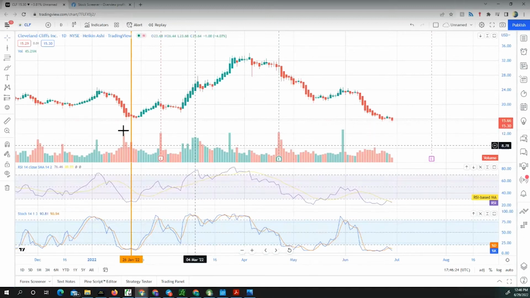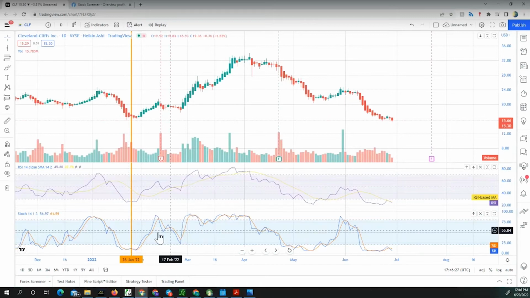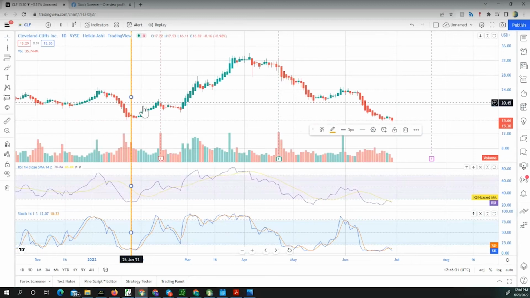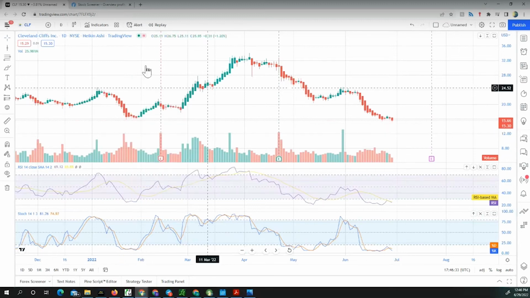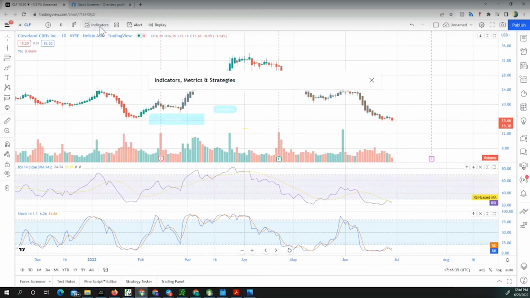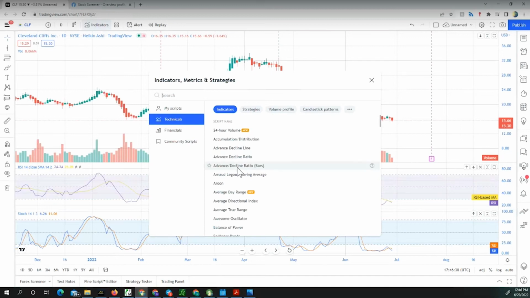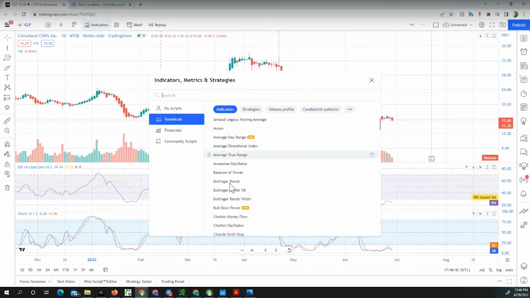And you might not like using RSI, you might not like using stochastic. I would suggest that you try and learn the other indicators that are there. I know at least a handful that are very good. Something like average true range, ATR, is a very good one.